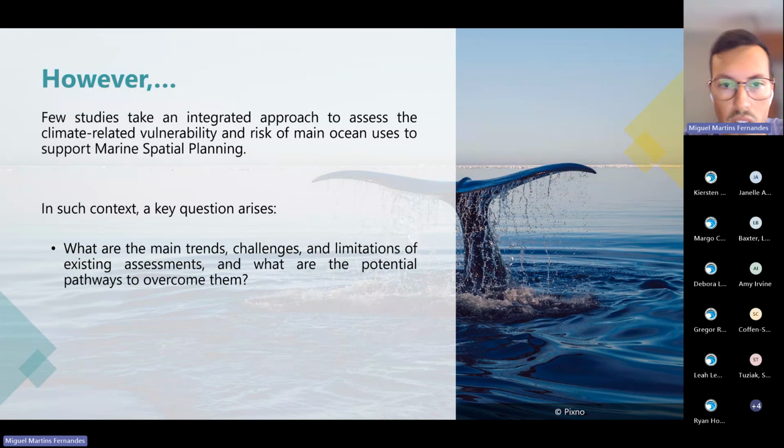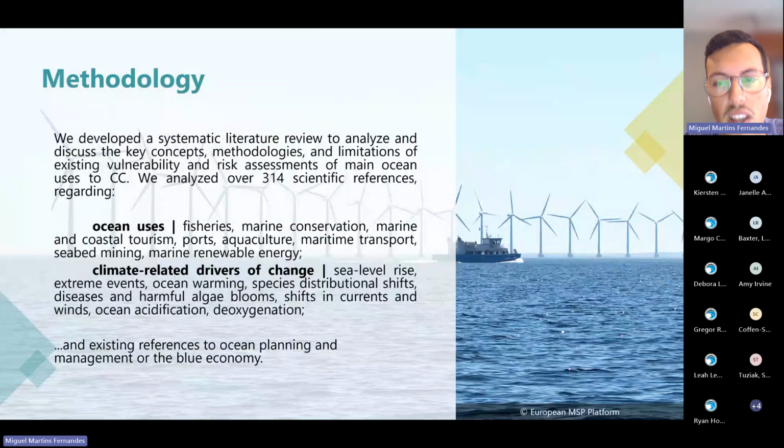So, following these issues, we developed a systematic literature review where we analyzed different aspects of the existing vulnerability and risk assessments of main ocean uses to climate change.